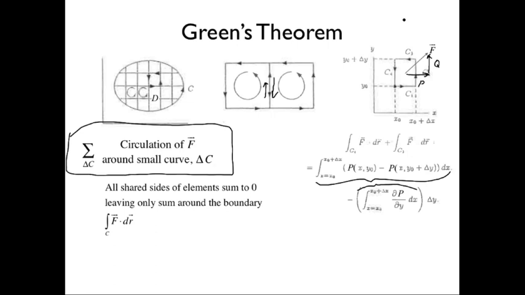How much change in P do we get? And since y going positive is this way, and we're looking at the change from going in the positive x direction to going in the negative x direction, it's negative, right? So as we go up, it's really how much change do we have that way. So that's why there's a negative sign here.